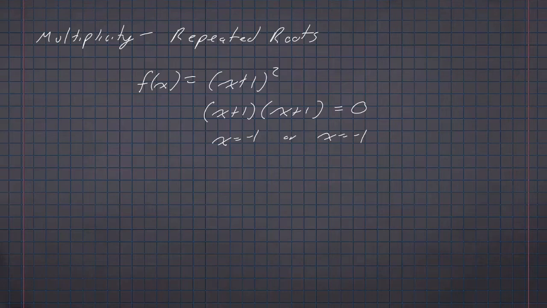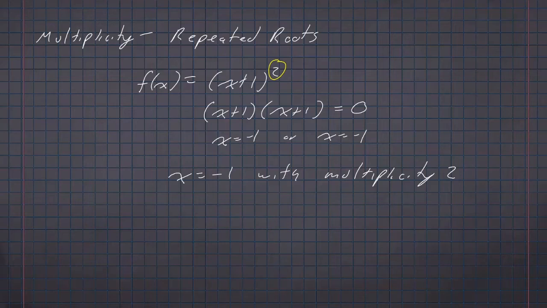More generally, multiplicity is a measure of how many times that same root shows up. So we have a solution here of -1 with multiplicity of 2. And it is no coincidence that the exponent on the factored form is exactly the multiplicity of that piece.